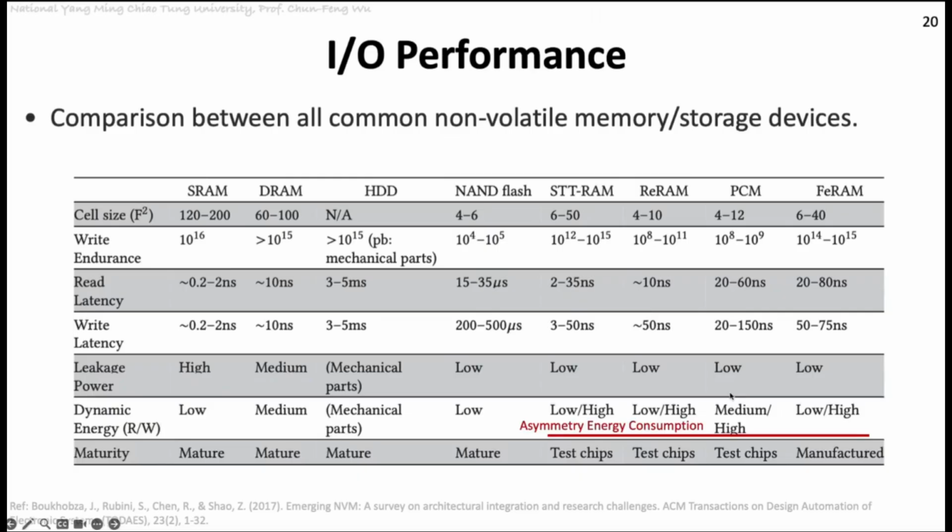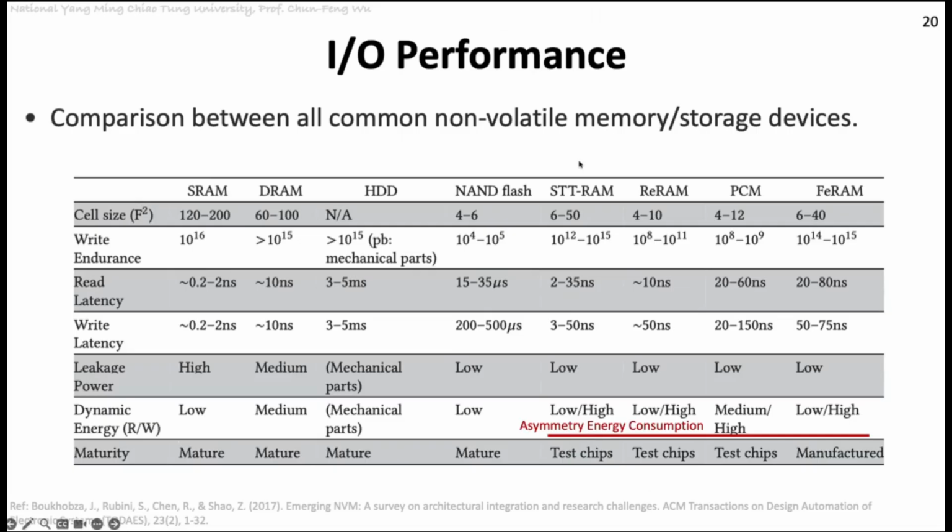I want to show you that some memories exhibit asymmetric energy consumption, which means that when the state changes from one state to another, it usually costs more energy. Especially for write operations, a write will affect the state.